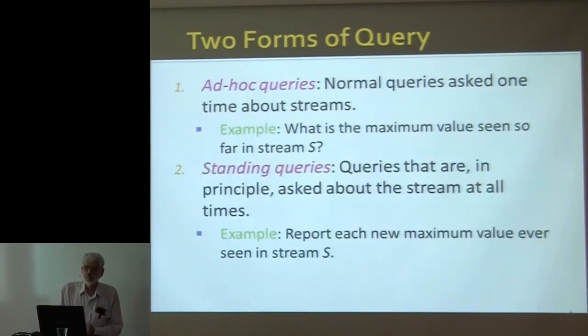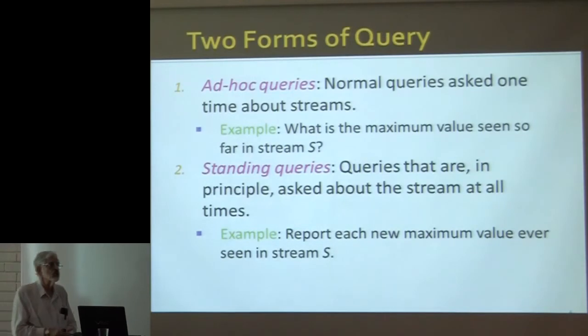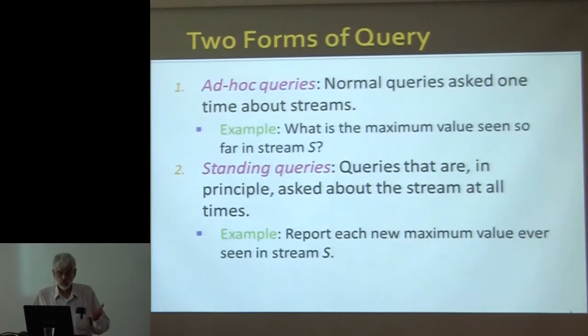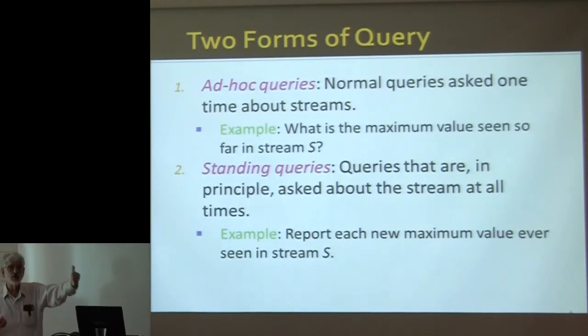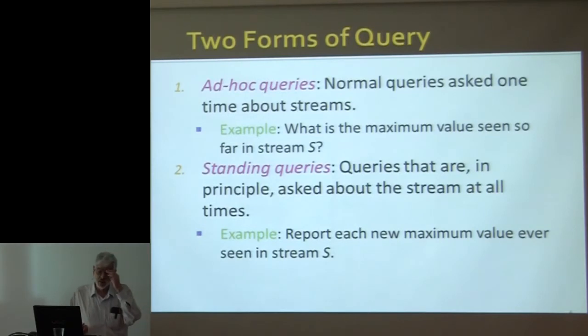And then a standing query is something which operates autonomously and asks you to report on the stream at all times. So, for example, this query says, every time I see a value in the stream that's bigger than any previous value, that becomes an output. I have to spontaneously issue that as an output.